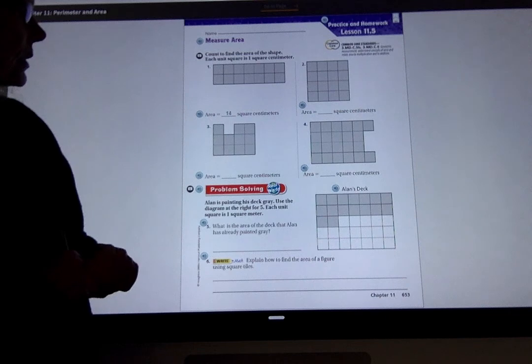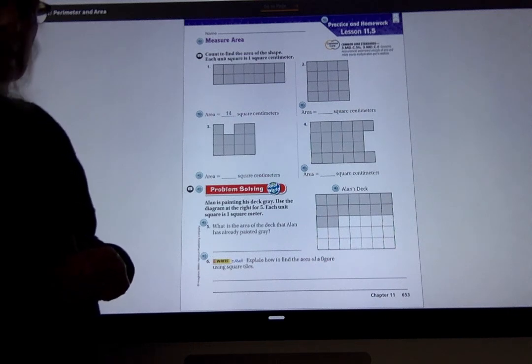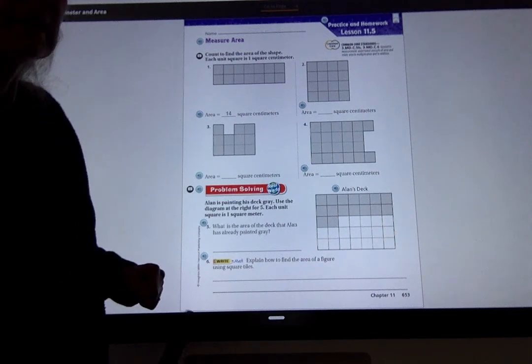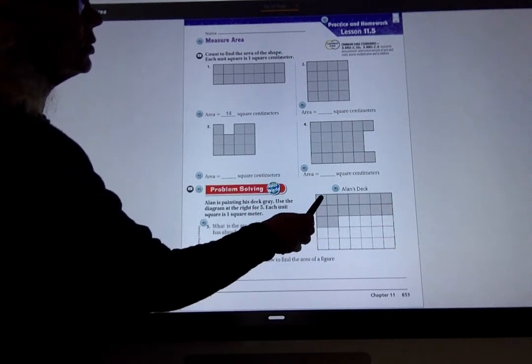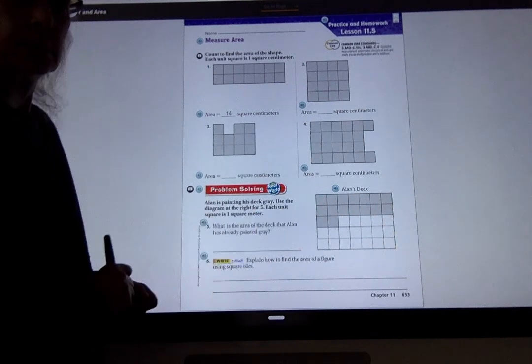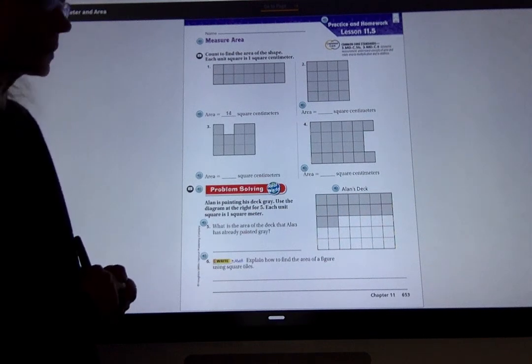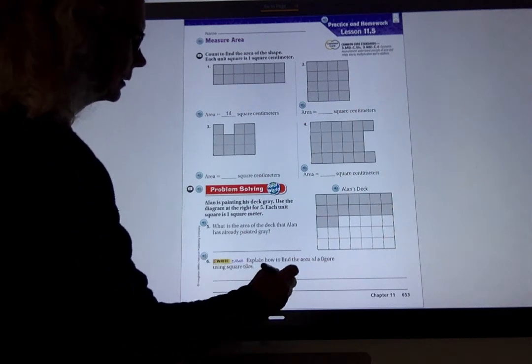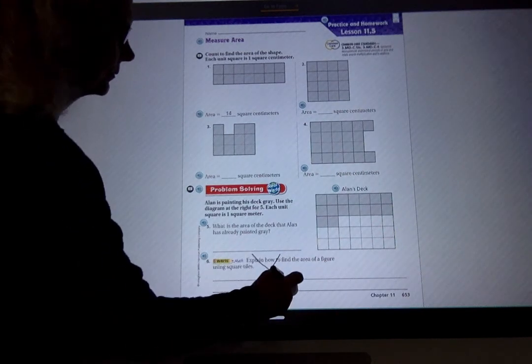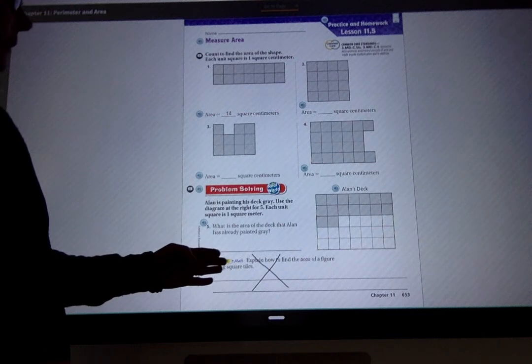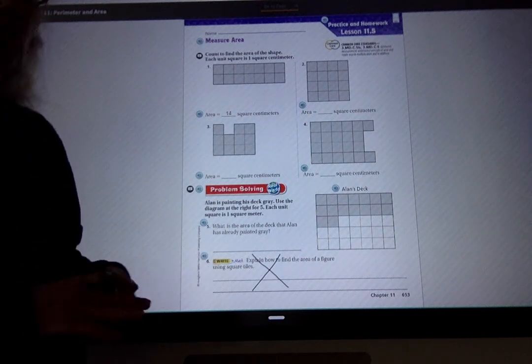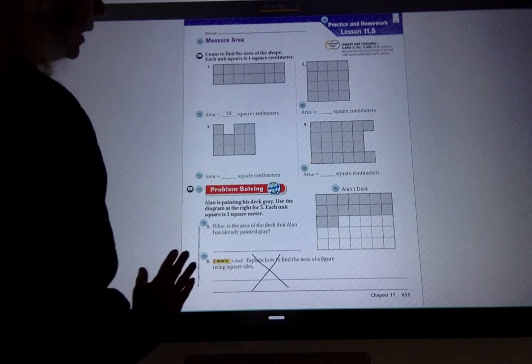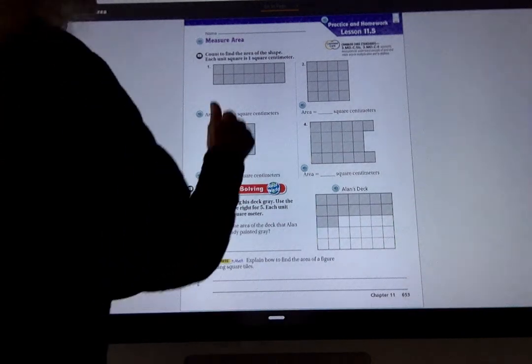Each unit square is 1 square centimeter. So that means that we are going to just look at the gray. That's what he's painted so far. We know that to find the area we can count or we can multiply. Okay, we're going to turn to the next page.